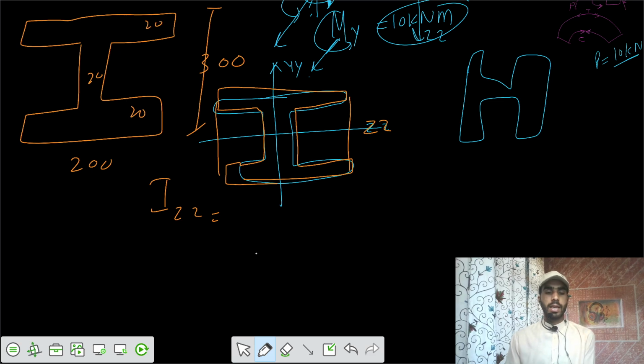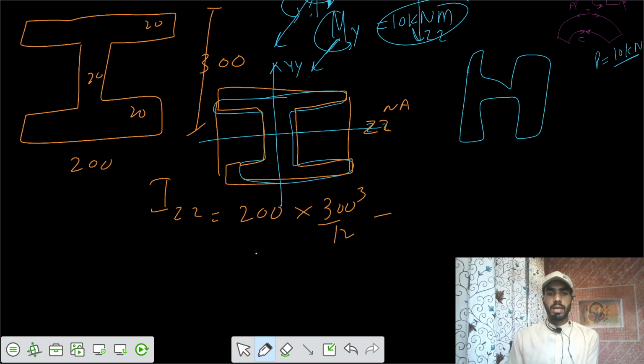And Izz you can calculate. This is neutral axis, so Izz equals the overall rectangle that is formed, that is BD cubed by 12, minus the part of this one and this one, the inertia contributed by these about the z axis.